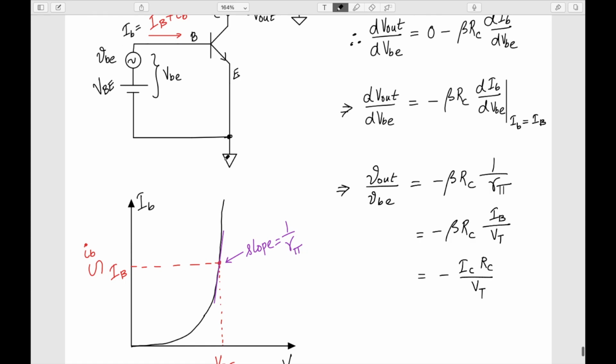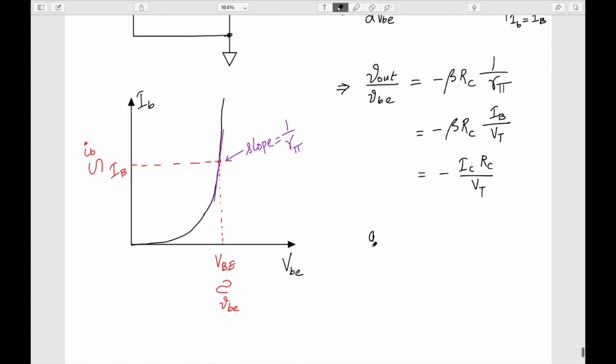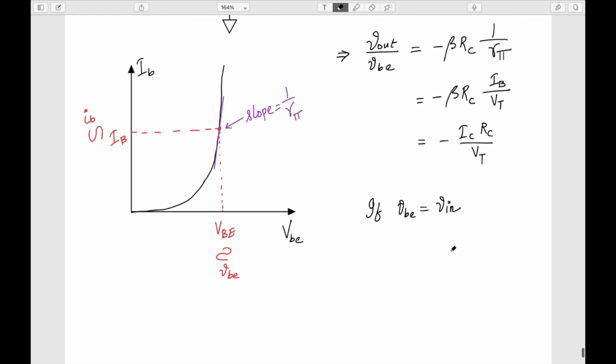So if I make this change in the VBE my input signal V in, then the gain of the amplifier, V out by V in, is definitely the voltage gain.